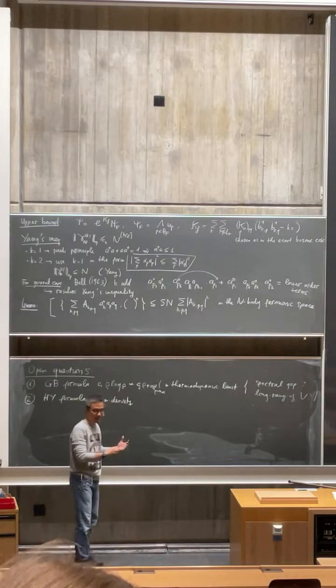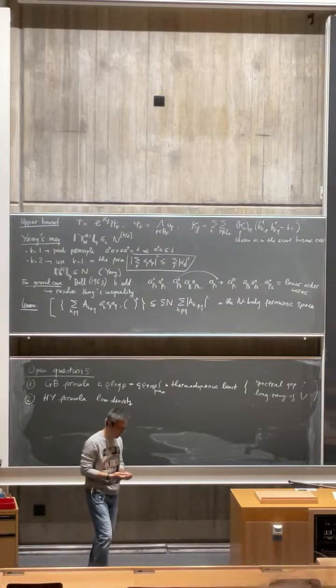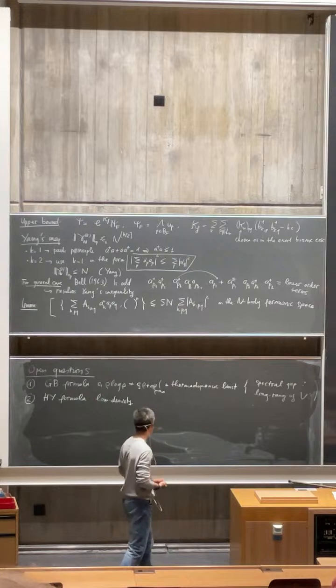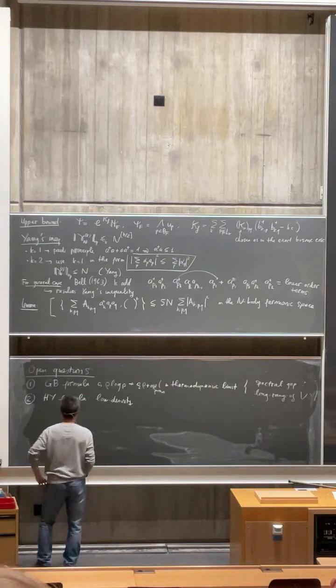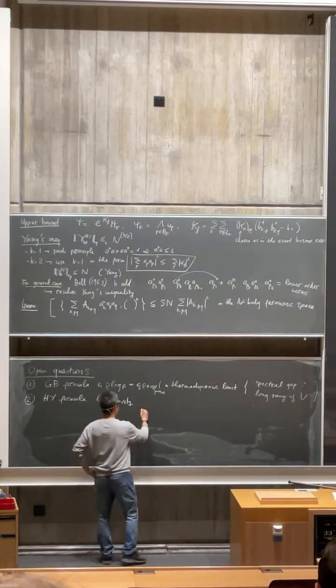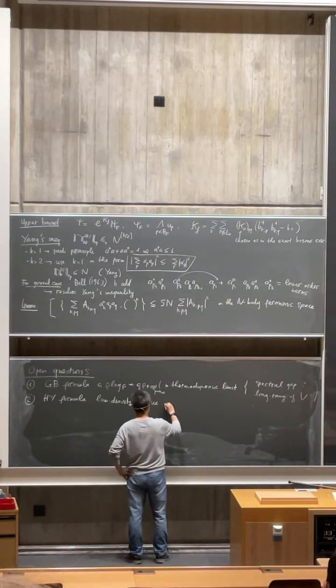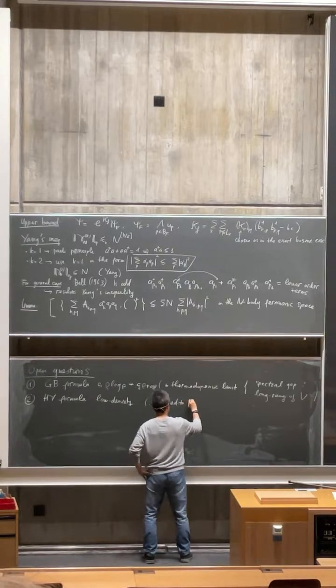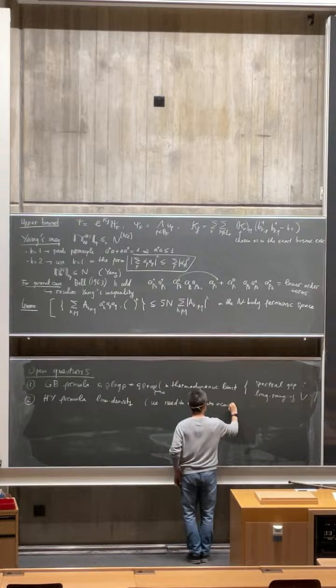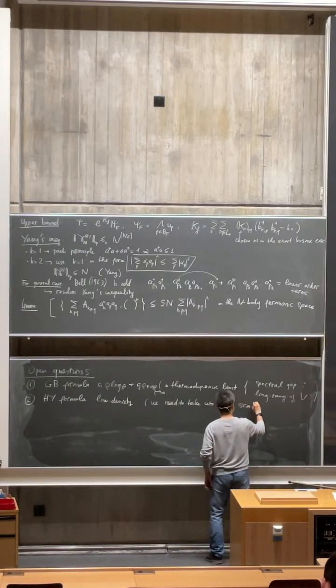And then I already explained that this has a close relation to the formula that we already understood for the bosonic system. But proving this for fermions is still difficult. So in particular, we need to take into account the scattering length.